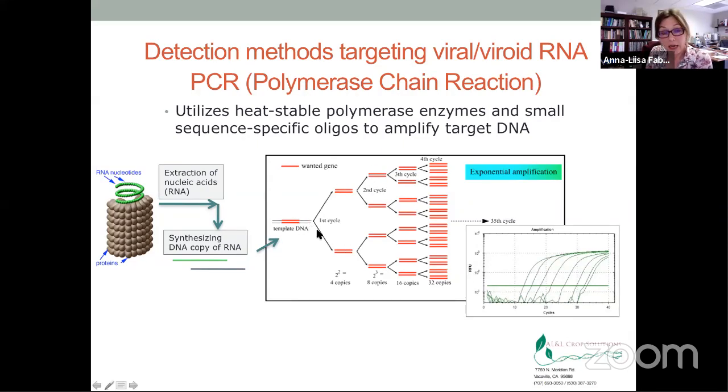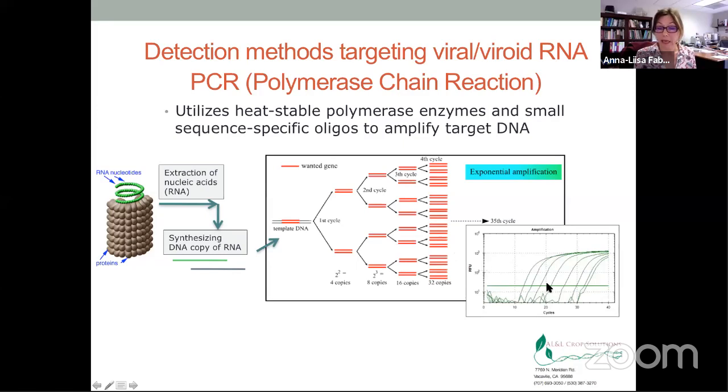During this time, if the template DNA is found, the oligos bind to it and the polymerase makes a copy. Then again we heat it and let it cool down so that another cycle is made and more copies are made. That way we can get the exponential amplification of that virus target.